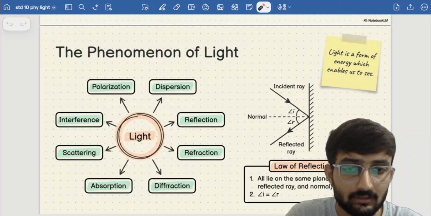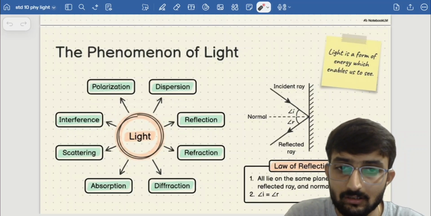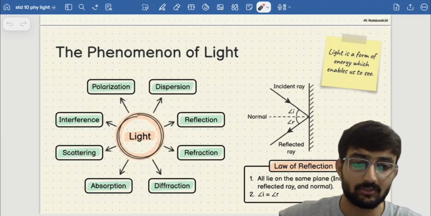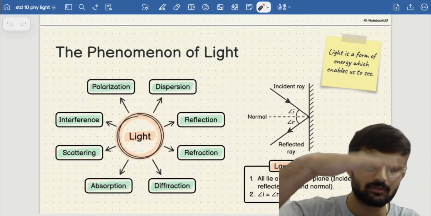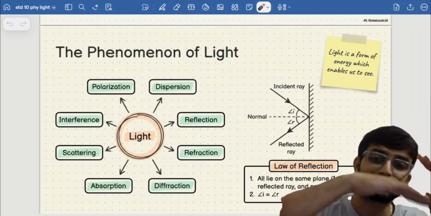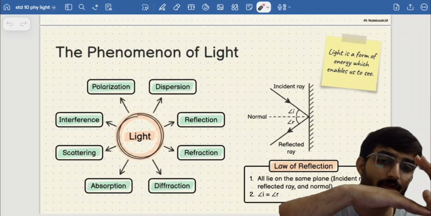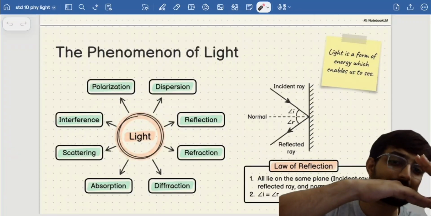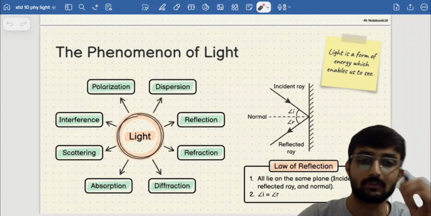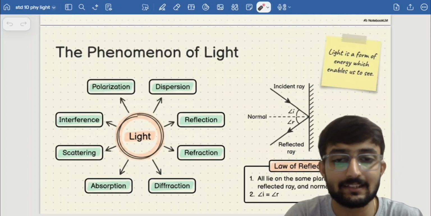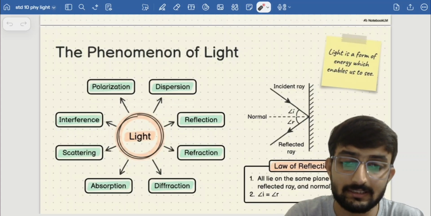If I start a laser light which touches the mirror at a 30-degree angle to the normal, I'm talking about the angle between the incident ray and the normal, then it will bounce off at exactly 30 degrees.